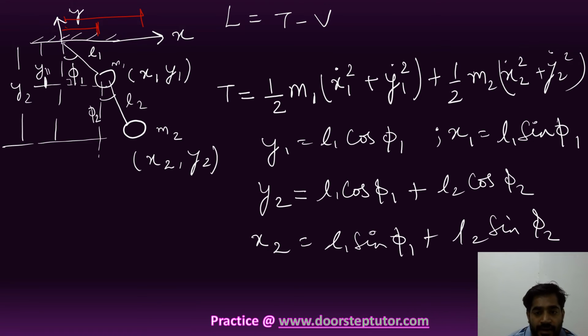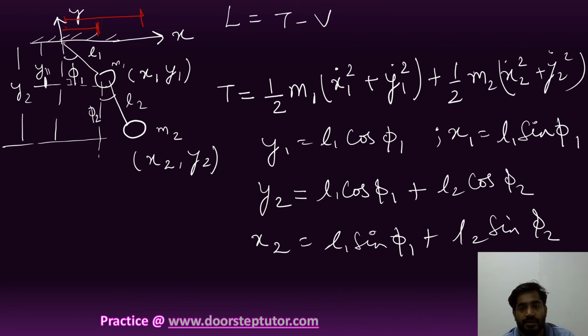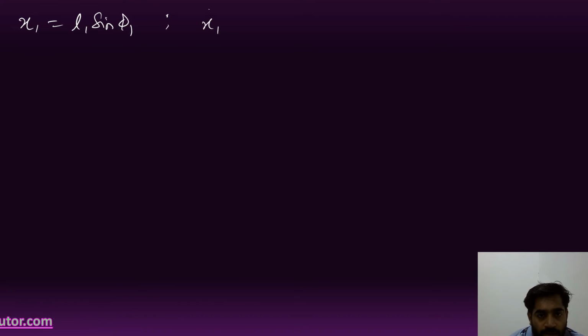Now we have to find x1 dot, y1 dot, x2 dot, y2 dot. x1 was L1 sin phi1; from this we can easily find x1 dot, which is L1 cos phi1 times phi1 dot.